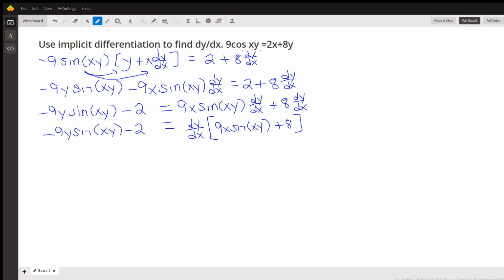Since dy/dx is multiplied by this big messy expression, 9x sine xy plus 8, I can divide each side by that, 9x sine xy plus 8. Divide the other side by the exact same thing.